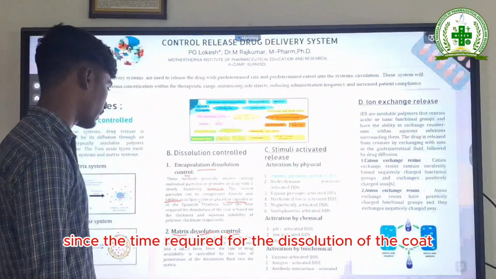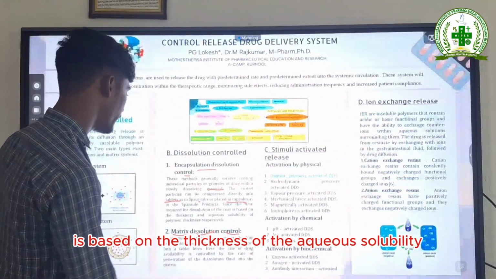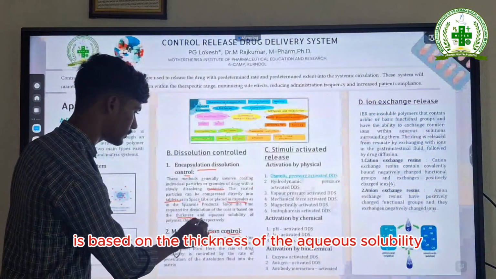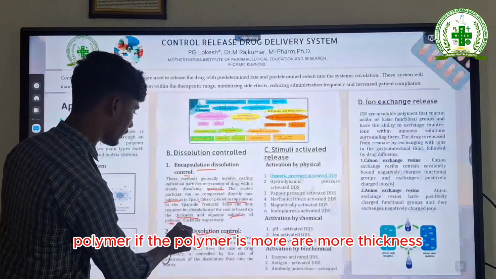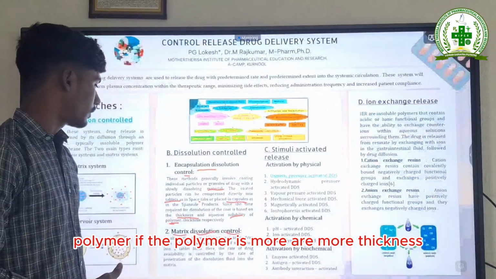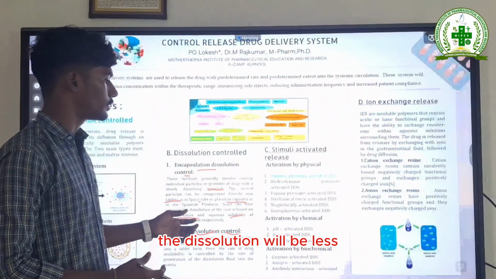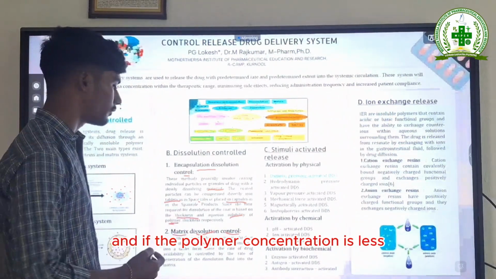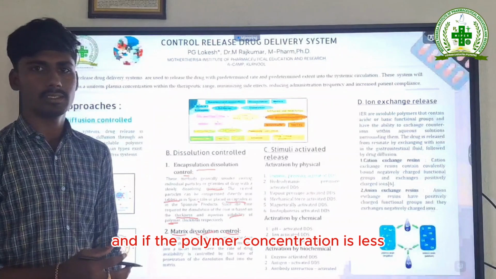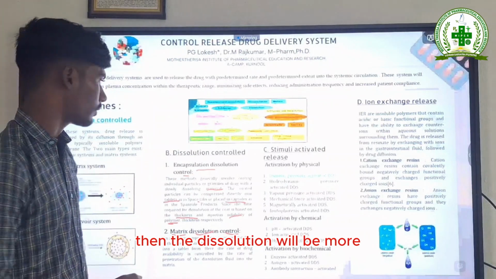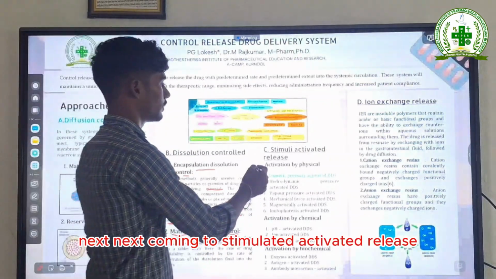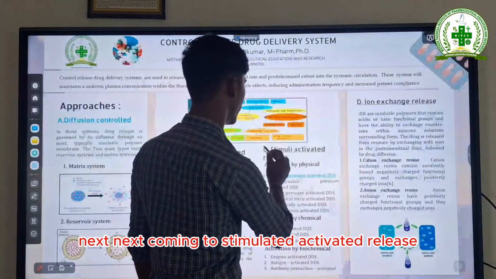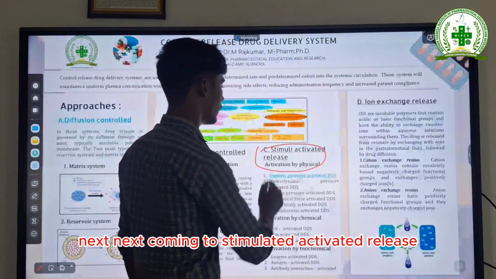The time required for the dissolution of the coat is based on the thickness of the aqueous soluble polymer. If the polymer is thicker, the dissolution will be less, and if the polymer concentration is less, then the dissolution will be more.